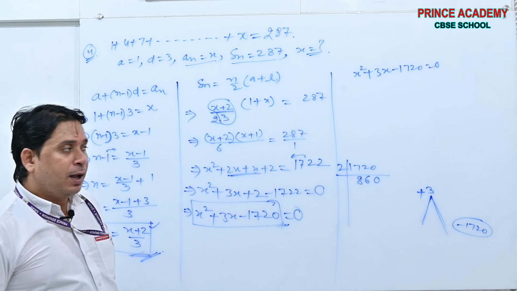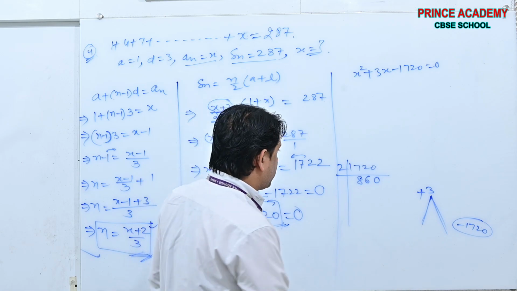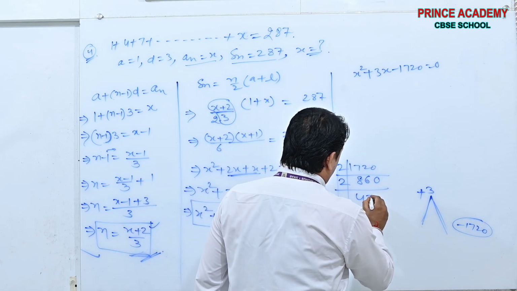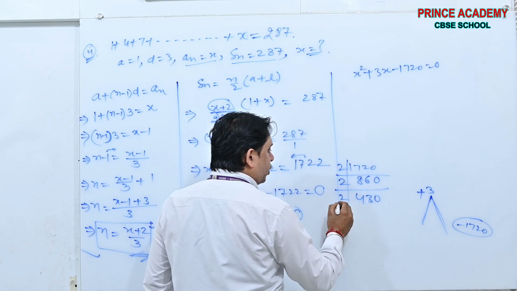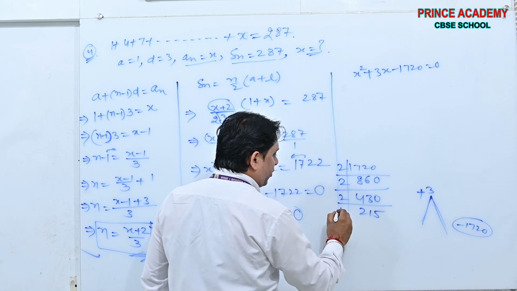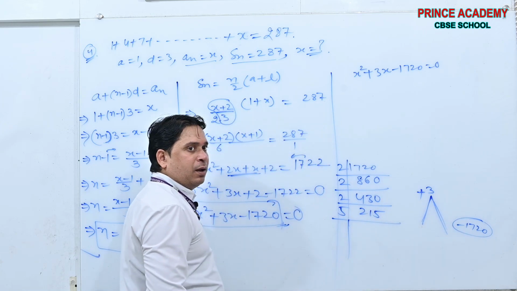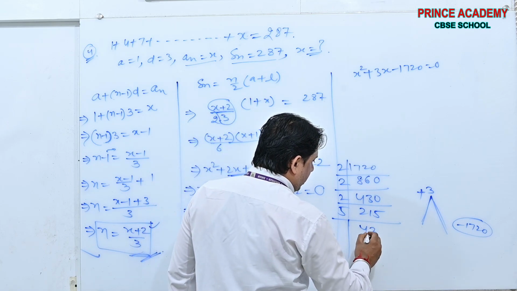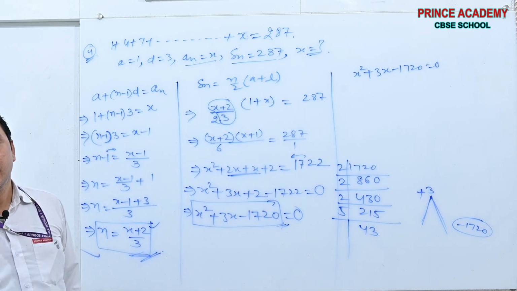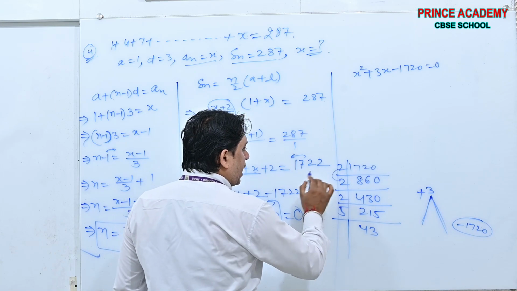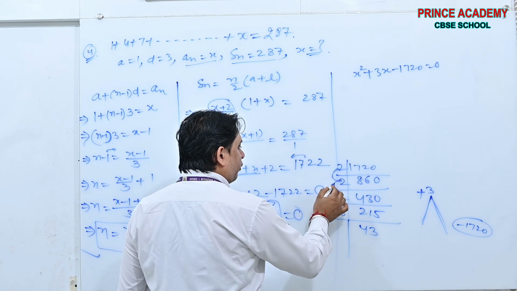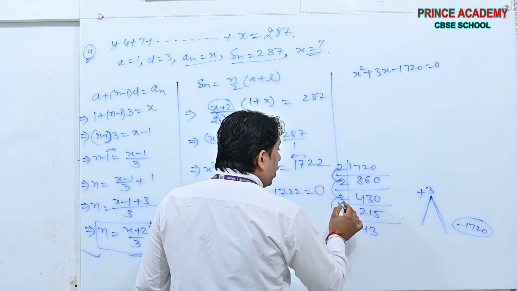Am I right? Any mistake, you will be responsible. 2, 430. Again 2, 215. Start from 5 here. 5, 4, 3. Now see, 4 2s are 8, 8 5s are 40.